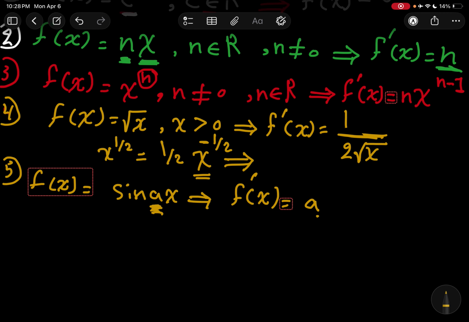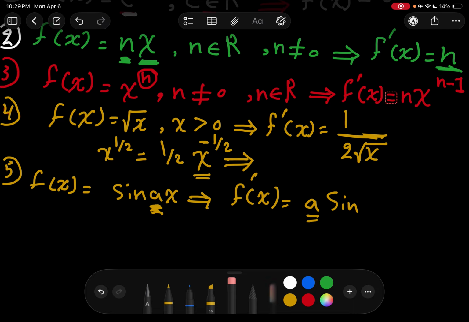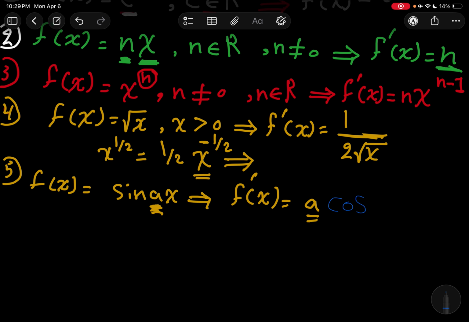Put it at the beginning, a. Sorry, we should change sine to cosine. Cosine ax.